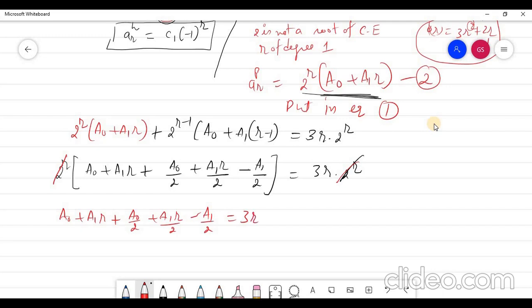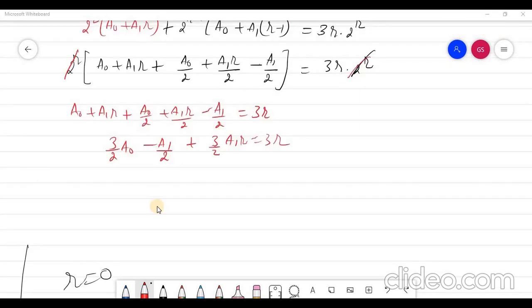So we will combine the terms with r and without r. Here we have 3 by 2 a0 minus a1 upon 2, plus 3 by 2 a1 r is equal to 3r.